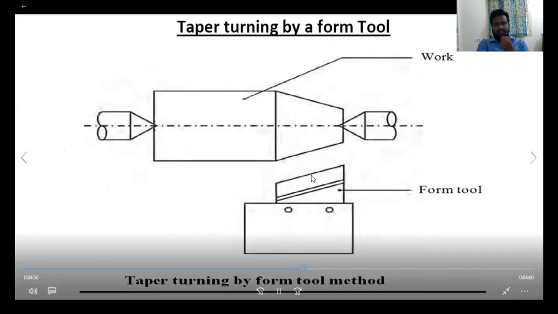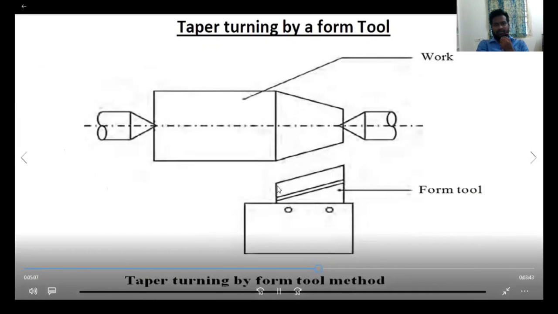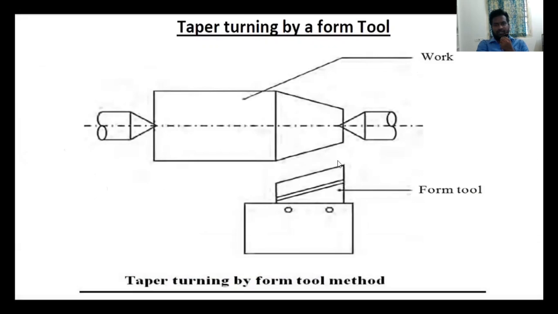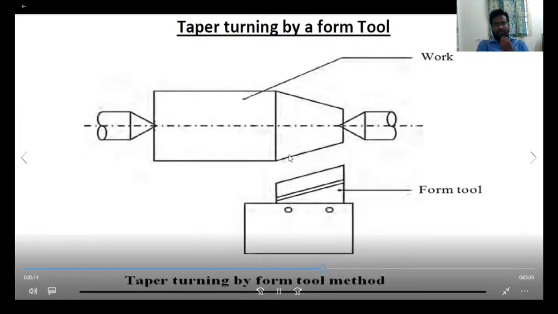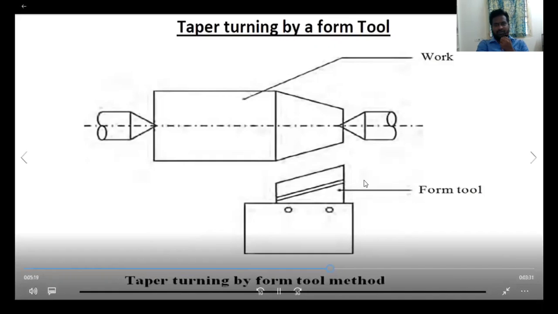We have already discussed taper turning by the form tool. The shape we are going to produce on the workpiece is on the cutting tool. So that is the forming tool, right? The workpiece is fixed in the two centers: the chuck center and the tailstock center.